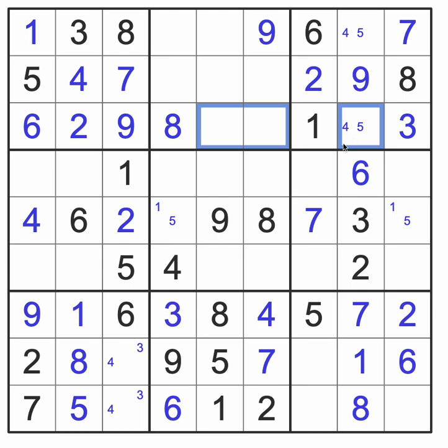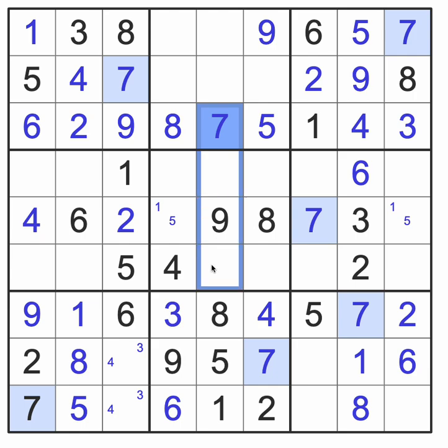And this row is missing 4, 5, 7. Let me put all of them in these 2 cells. And this cell is blocked by 4 and 7. So that gives me 5, gives me 4, 5, and 7, which block these.